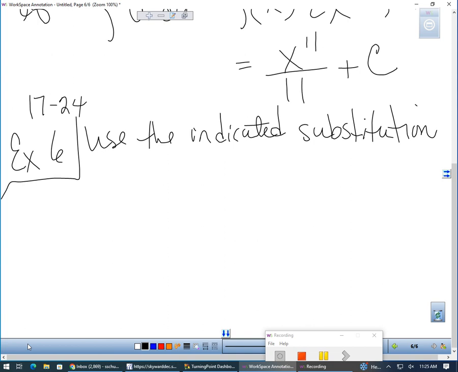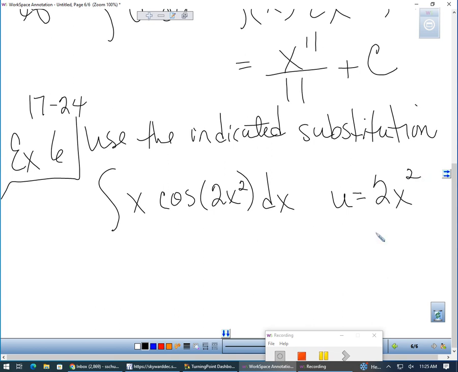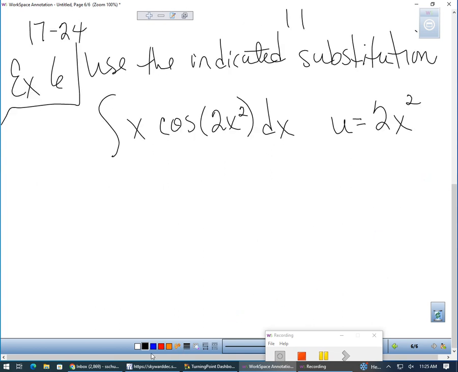So for example, let's say we have the integral of x cosine of 2x squared dx, and they tell you that your u substitution is the 2x squared. So if I have my u substitution, the first thing I have to do is find my du.